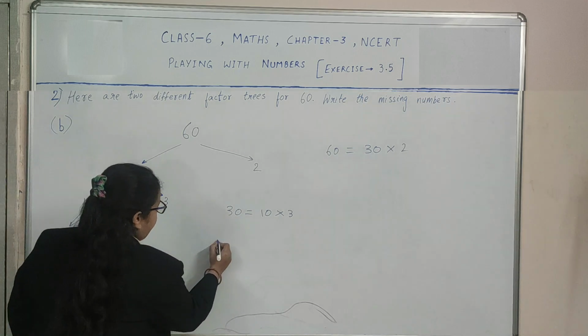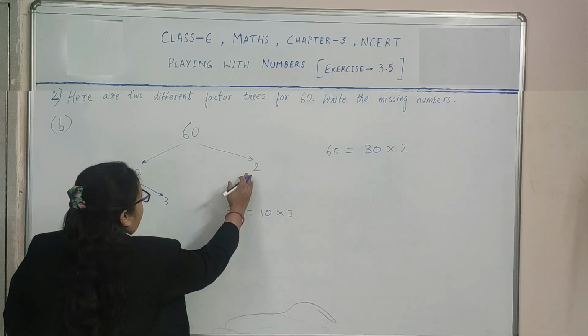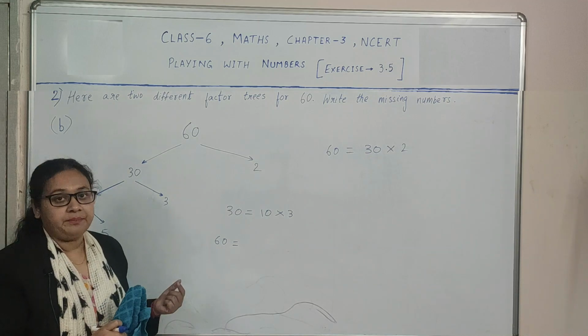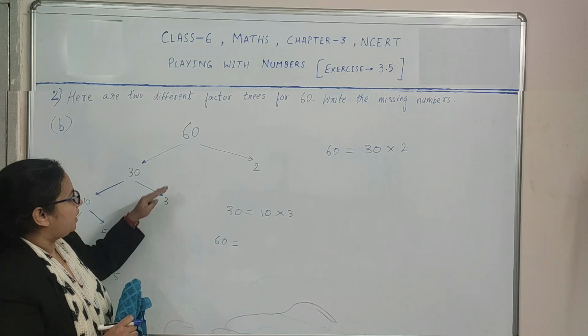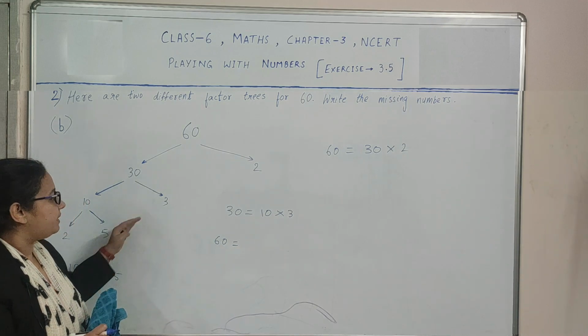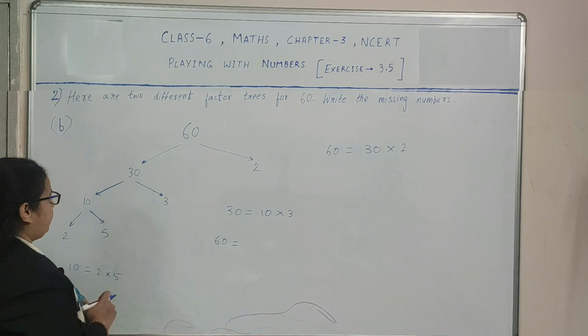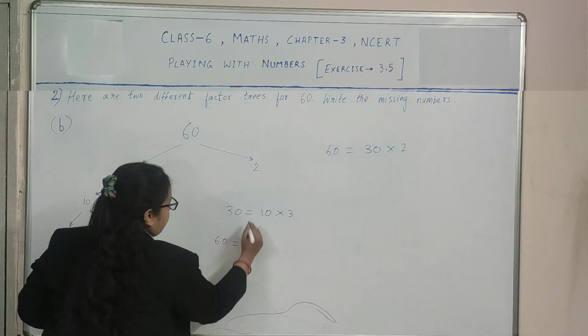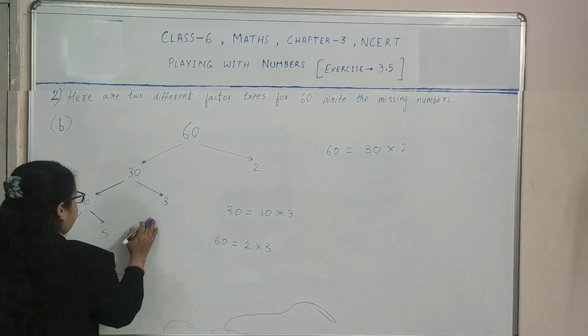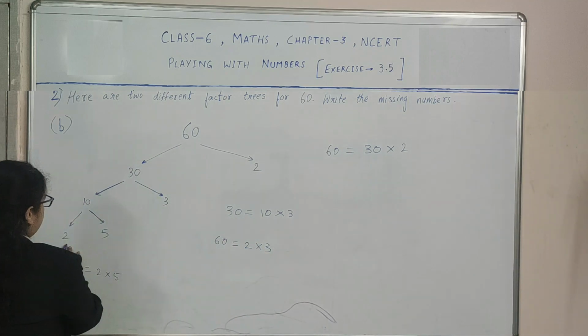So the prime factorization of 60 is, according to this tree, different from the tree in part A, because the branches are divided differently. But you see, the result will be the same. See, it is 2, the other one is 3, multiplied by 2 multiplied by 3, and this is split into two parts, 2 and 5.